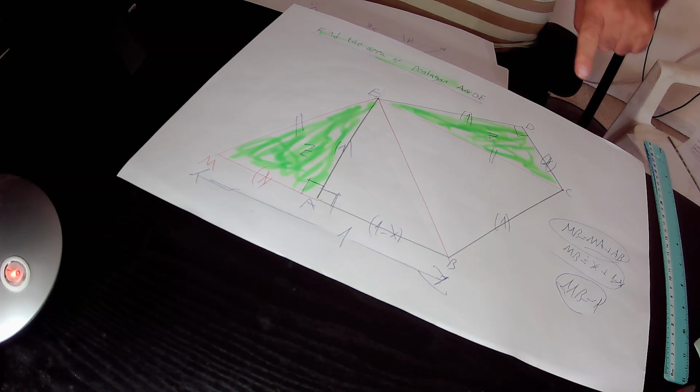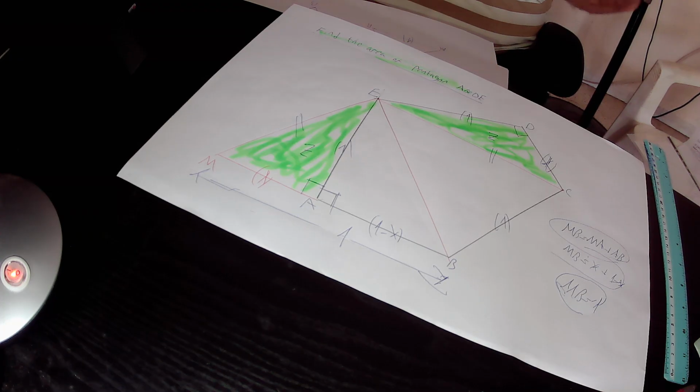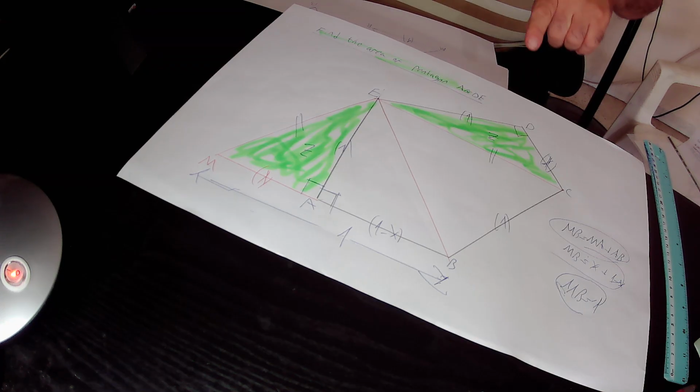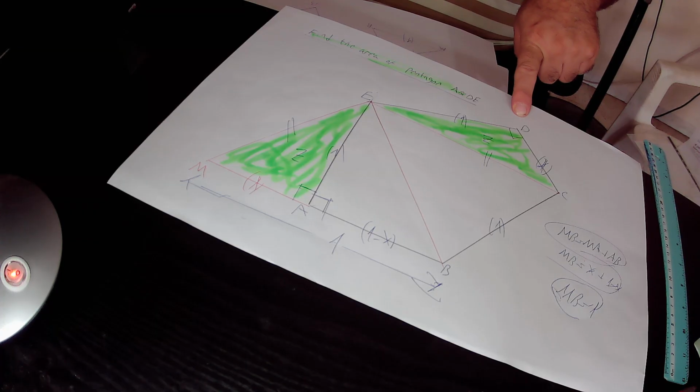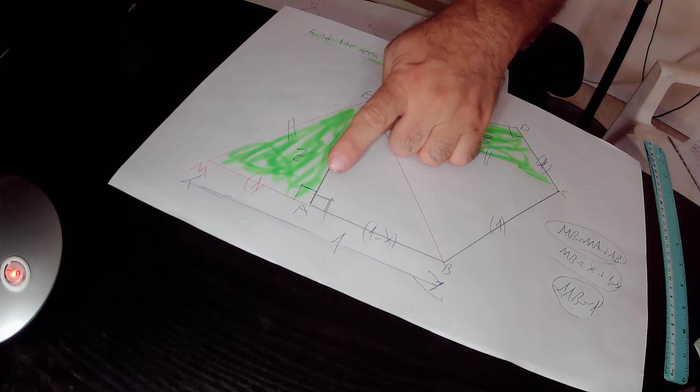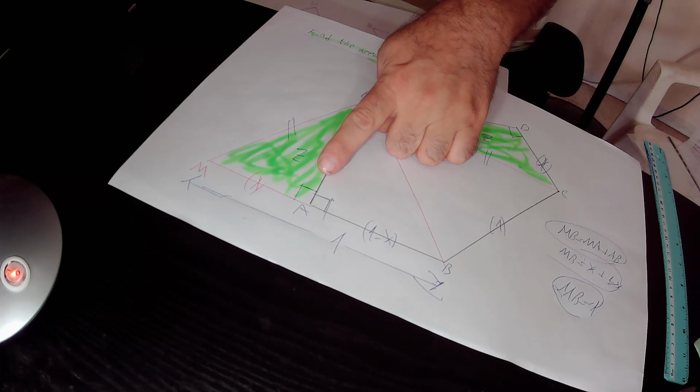In addition, side DE of this right triangle EDC is equal to side EA of this right triangle EAM. Both are equal to 1, and therefore they're equal to each other. And this angle EDC is a right angle, and it is equal to this angle EAM, which is also a right angle.